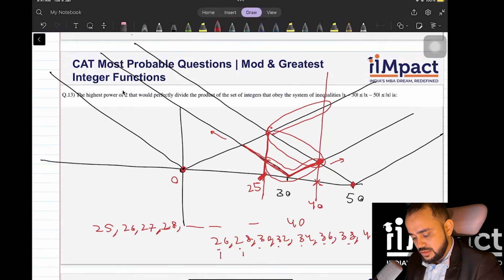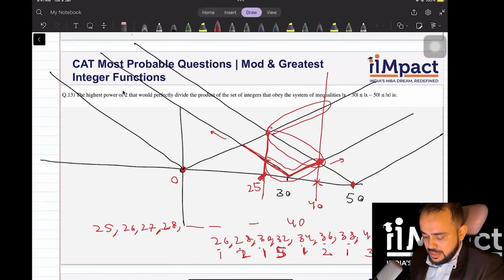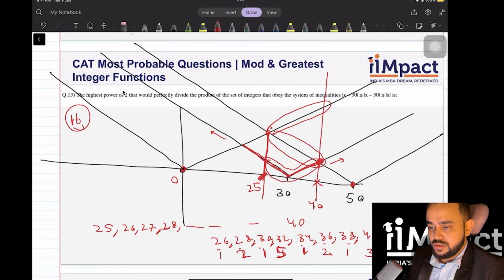This is 1, this is a multiple of 2, so you will get 2 here, then you will get 1 here, then this is 32, so this is 2 to the power 5, so you'll get 5 twos here, then you will get 1 here, then you will get 2 here, it's divisible by 4, then 1 here, and then finally 3 here. So your answer will be 9 plus 1, 10, and 16. So your answer will be 16 for this.